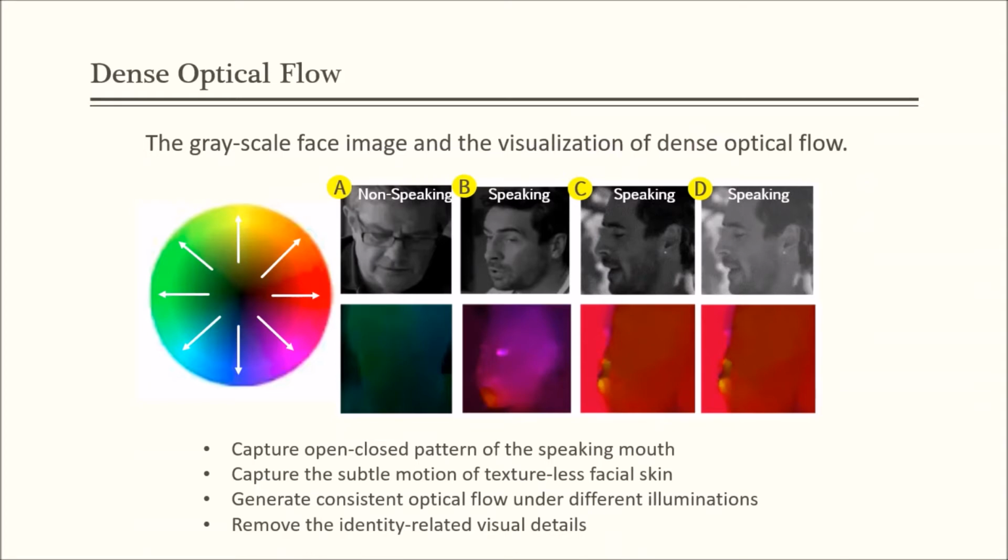Second, it can capture the subtle motion of textureless facial skin, like the cheek. Third, the face generates consistent optical flow under different illuminations. Fourth, optical flow removes identity-related visual details, which can prevent the network from being misled by the correlation between identity and the speaking label.